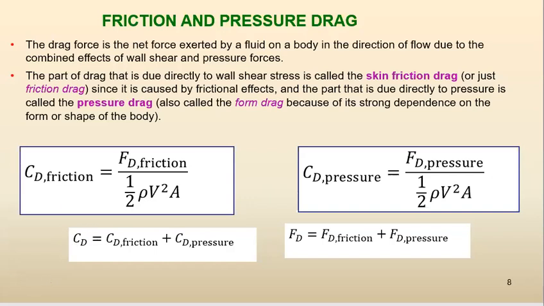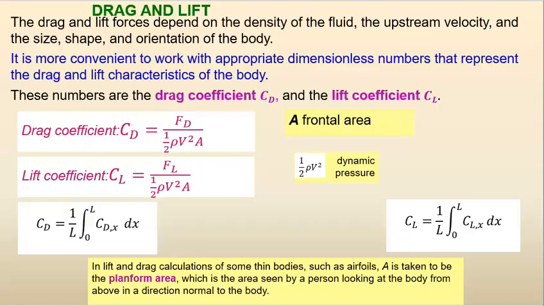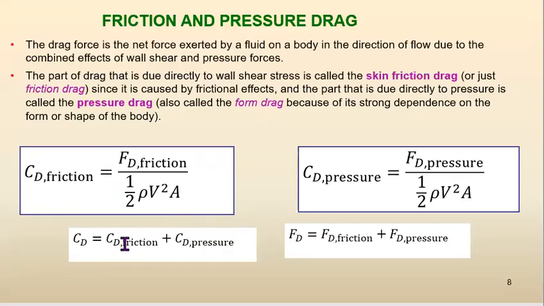So the CD that you see in here is basically a combination of these two, CD as a result of friction and as a result of pressure. Or if you can calculate the drag force as a result of friction separately and the pressure separately, you can add them up and get the total drag force.